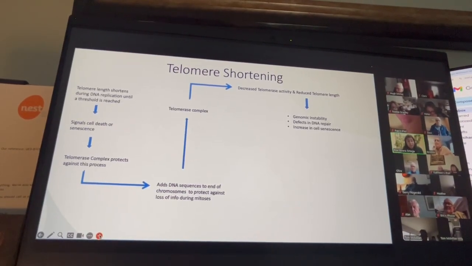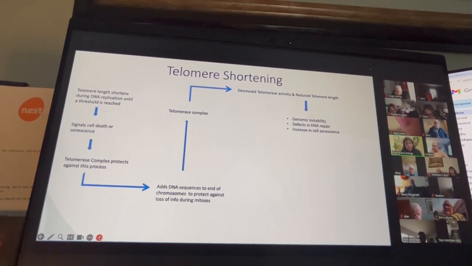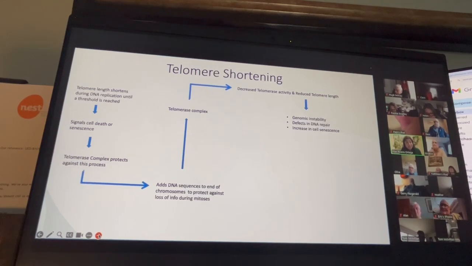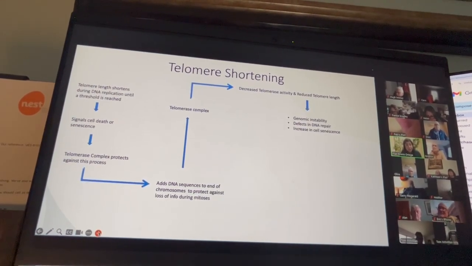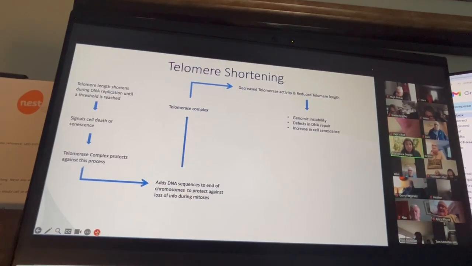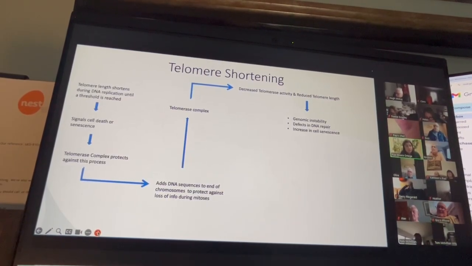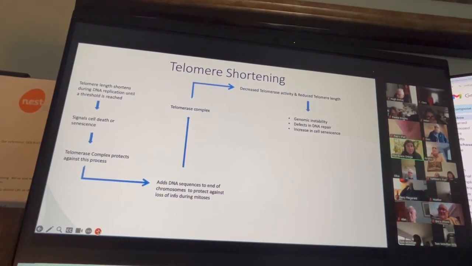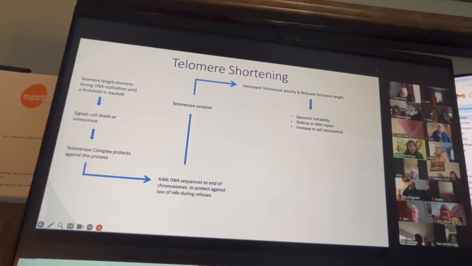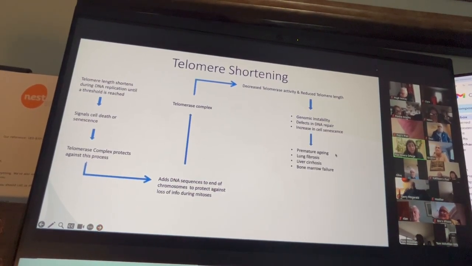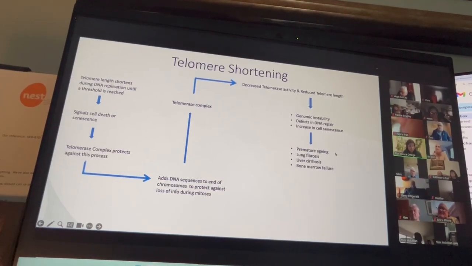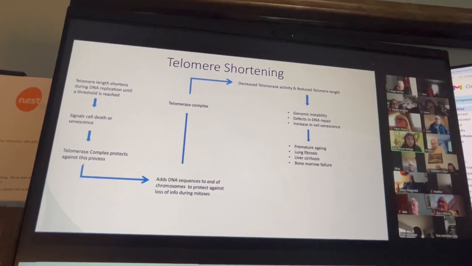We have a defect in the DNA repair, and senescence, that is when the cells become very aged, is increased. And all of this sounds more or less like common sense, but what exactly does it mean for our patients, clinically? That means it can cause premature aging, lung fibrosis, liver cirrhosis, and bone marrow failure.